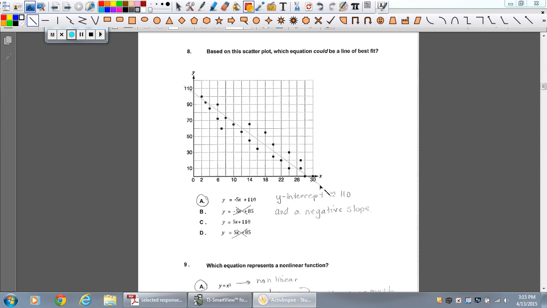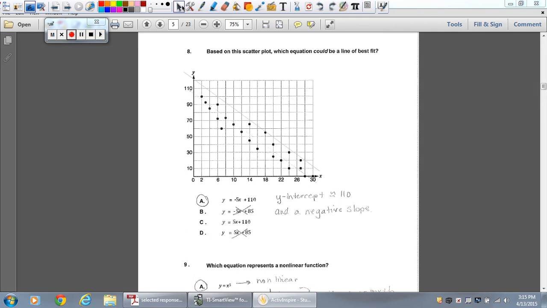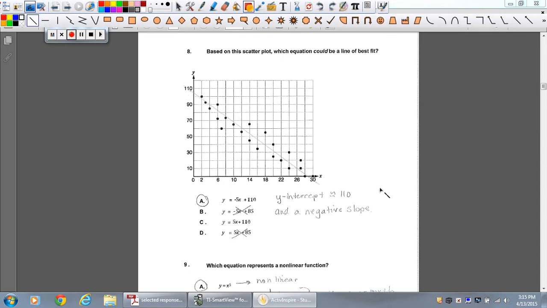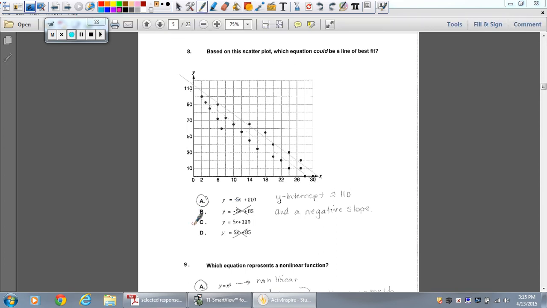And I can see it looks like my y-intercept is somewhere close to 110. Could be a little bit lower than that. So my y-intercept's about 110, so there's no way it can be 85, because that's too low. 85 is about right here. Oops, right there. And so it can't be 85. And I notice that I have a negative slope, so that tells me it has to be A.